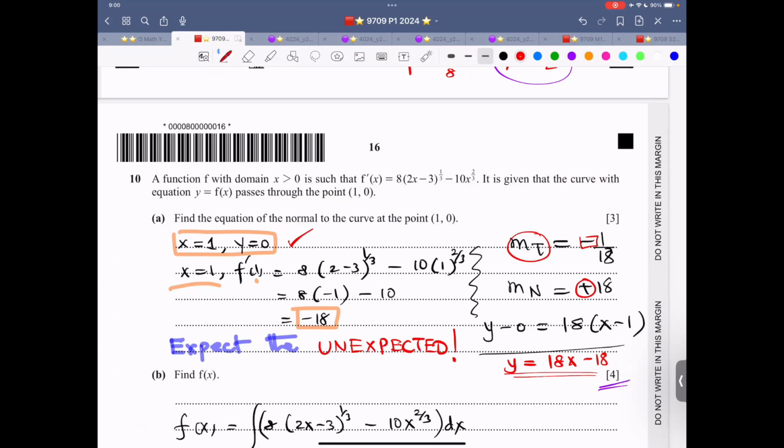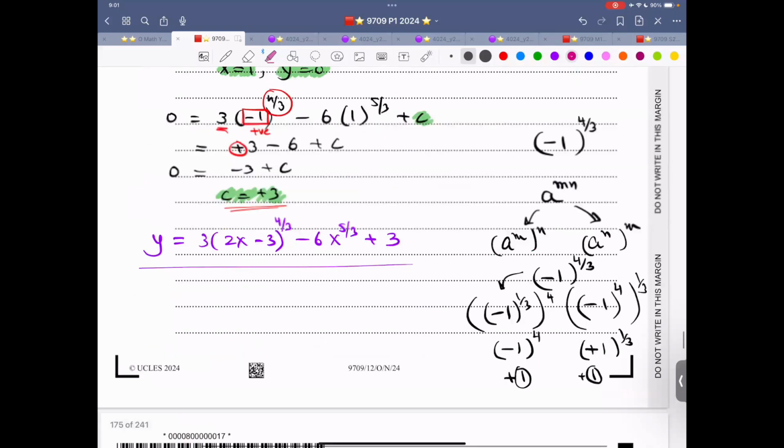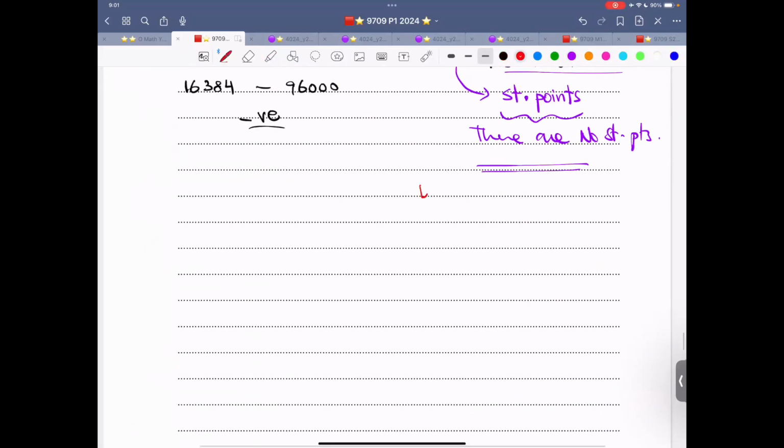They have asked us to evaluate this thing, which is a function with the domain x is greater than 0. This is f prime x. They have asked for the equation of the normal at this point 1, 0. So f prime 1 is how much? Negative 18. So now the domain is x is greater than 0.